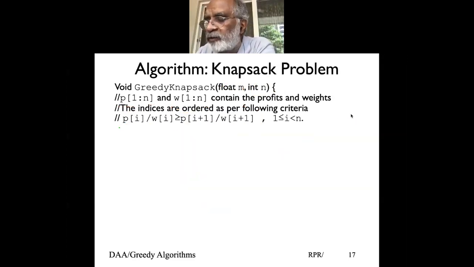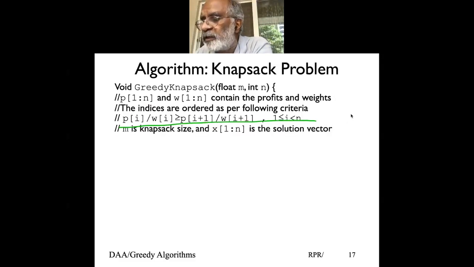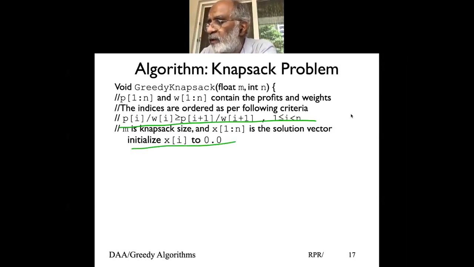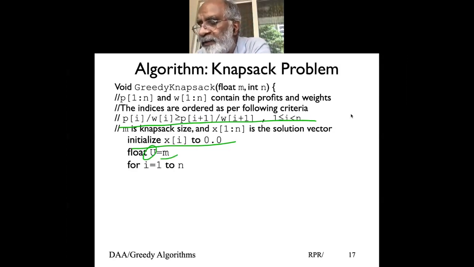So assuming these are sorted in this order, all I need to do is start all the X's at 0, and then pick. I take my variable u defined as the capacity m and look at each item at a time, in the order.